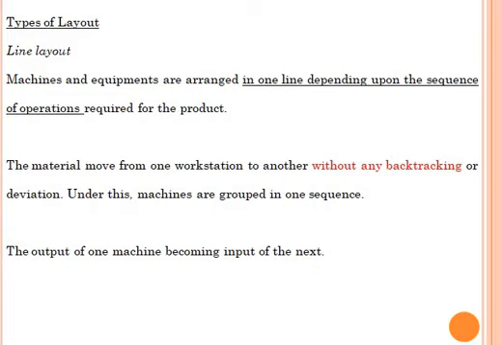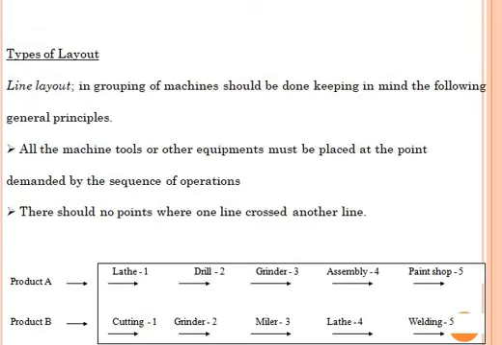Here the machines are grouped in one sequence, where the output of one machine becomes the input of the next. Let's look at this example. Let's say the first product has to go to the lathe machine, then it has to be drilled, then it has to be ground, then goes to the assembly, then to the painting.